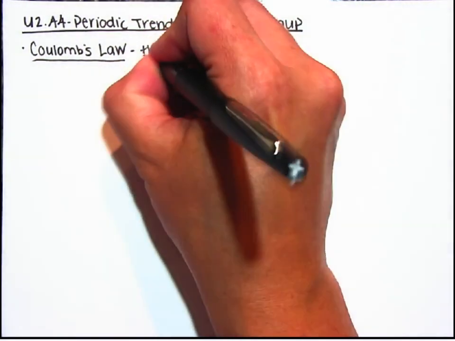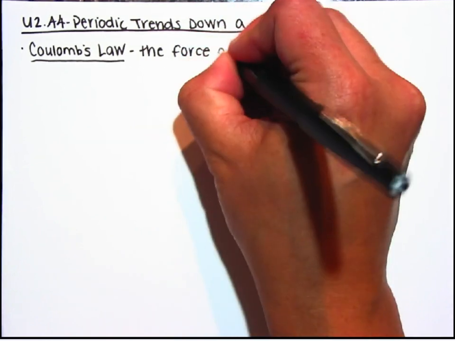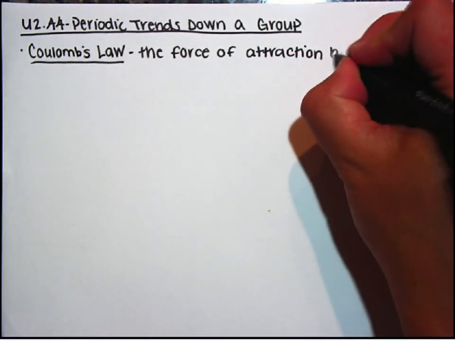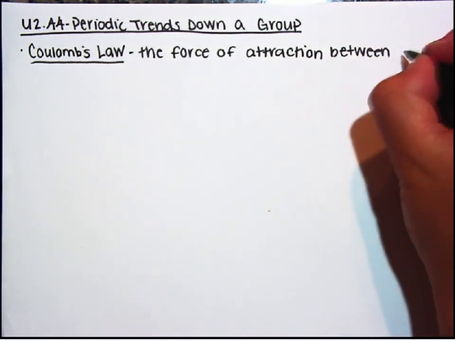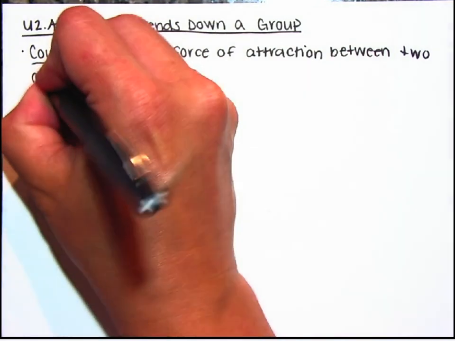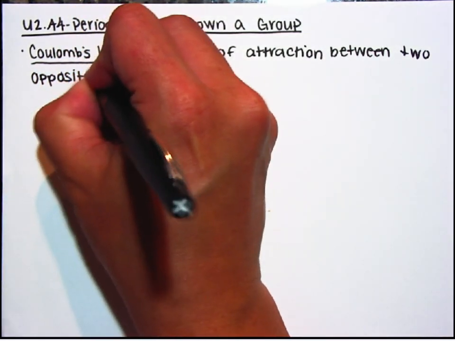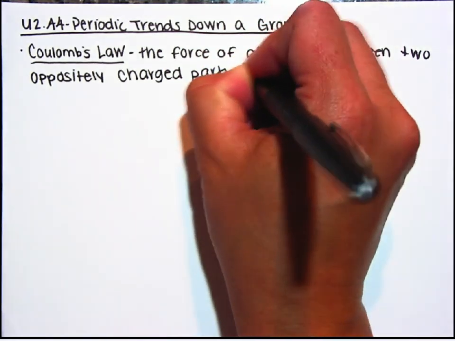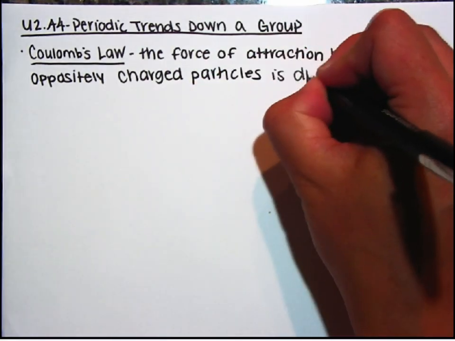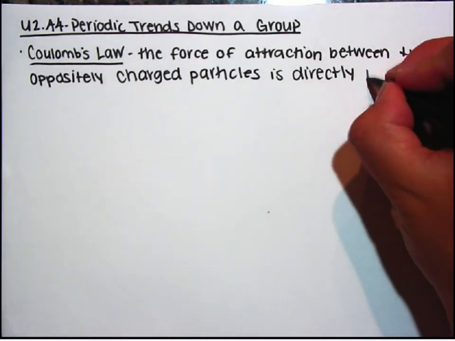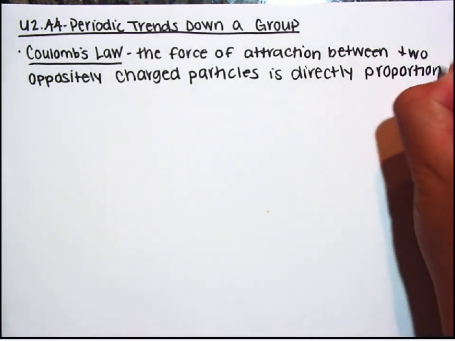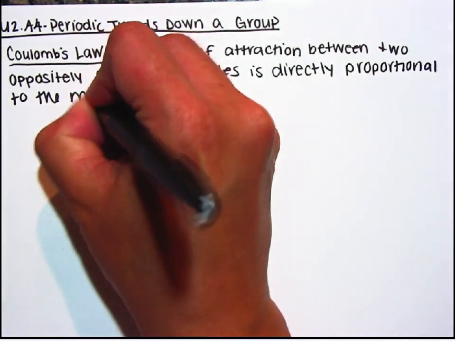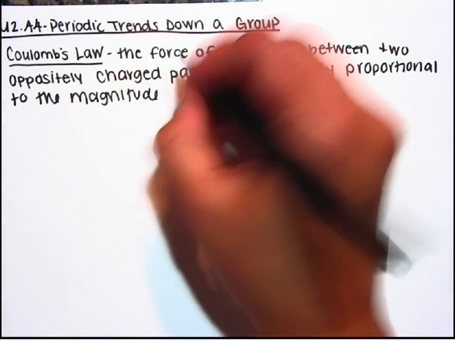So Coulomb's law states the force of attraction between two oppositely charged particles is directly proportional to the magnitude of the charges.